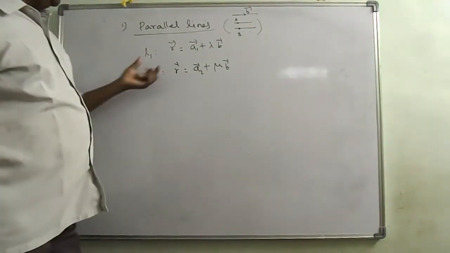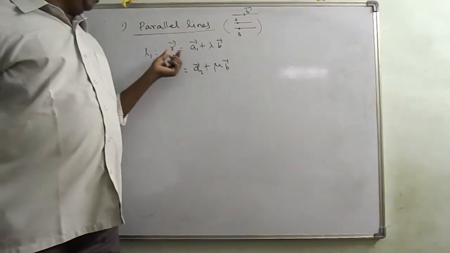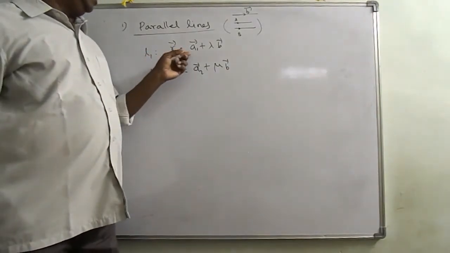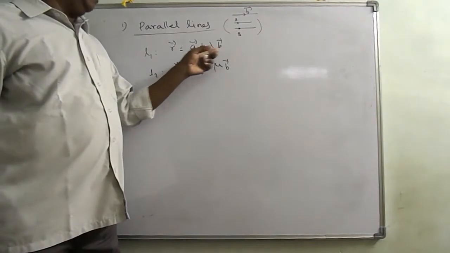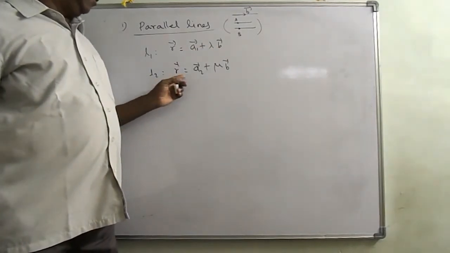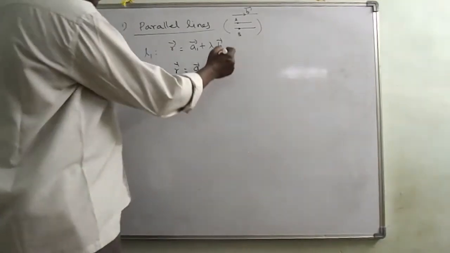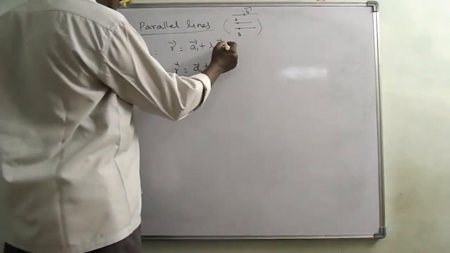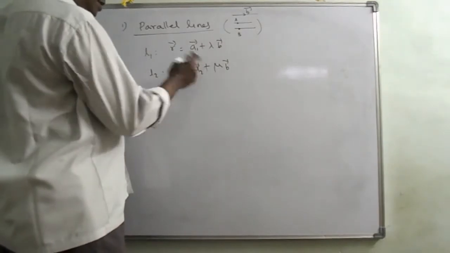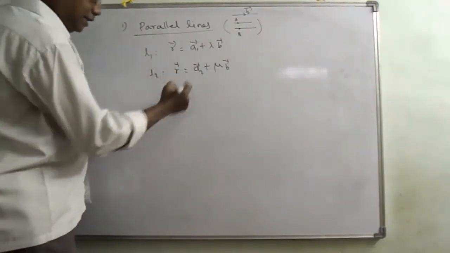So two parallel lines are always in the form R vector equal to A1 vector plus lambda into B vector, and R vector equal to A2 vector plus mu into B vector. Now we have a common direction, B vector, and two points, A1 vector and A2 vector.